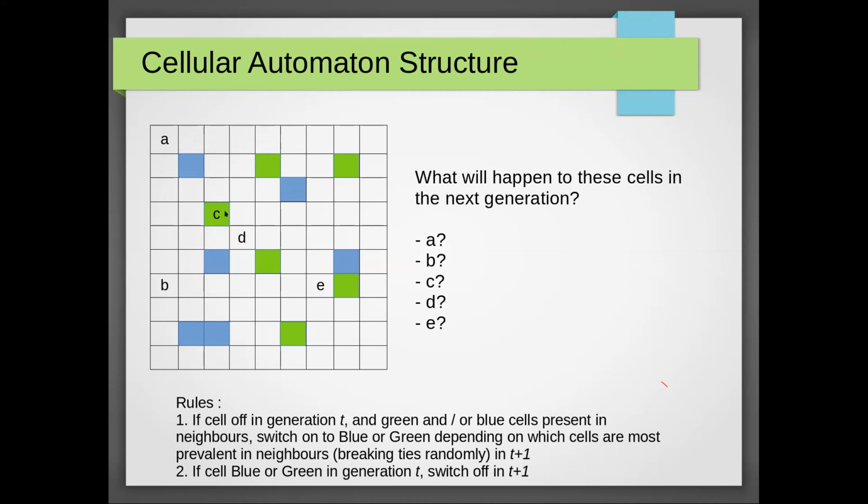So basically in the neighborhood of D, we've got 2 greens and a blue. And rule 1 tells us that if there are blue and or green cells in the neighborhood, which there are, then switch this cell on to either blue or green, depending on which cells are most prevalent. So there's more green than blue, so this will become green next time, essentially. And then E.